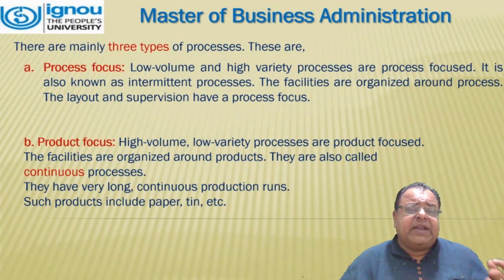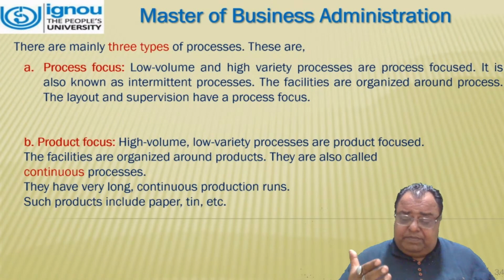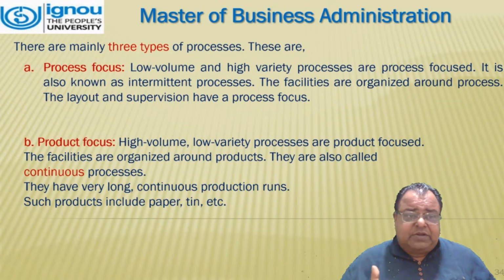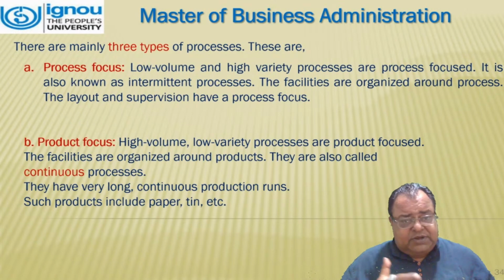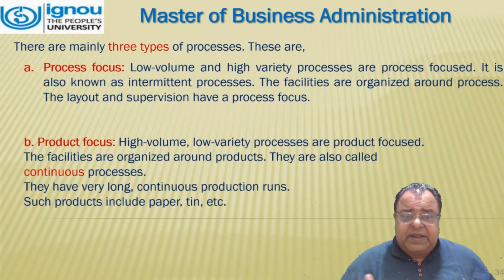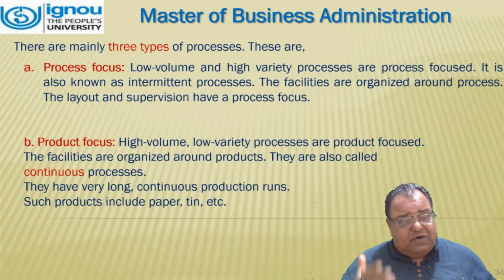There are mainly three types of processes. These are process focus. Here, low volume and high variety processes are process focused. It is also known as intermittent process. The facilities are organized around processes. The layout and supervision have a process focus.